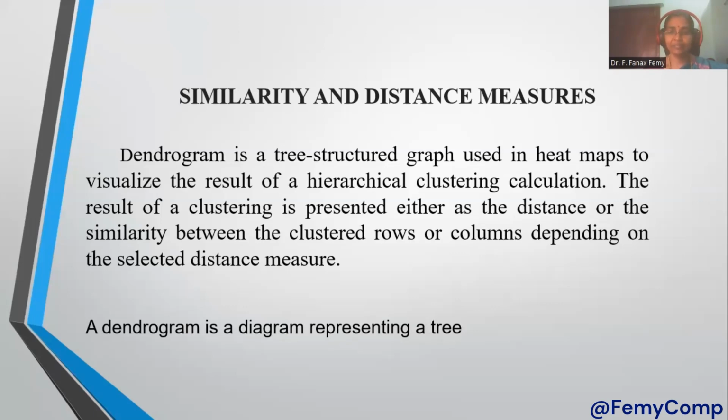One object is in one class, another object is in another class. We have to find the distance between these two objects of different clusters. The result of clustering is presented either as the distance or the similarity between the clustered rows or columns, depending on the selected distance measure. We know the dendrogram is a diagram representing a tree.